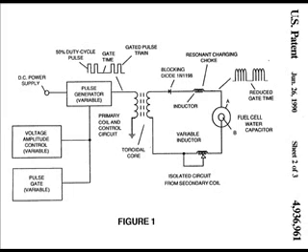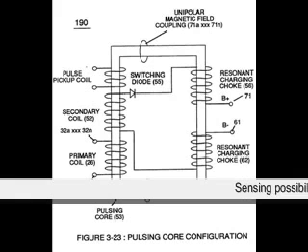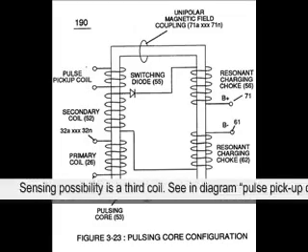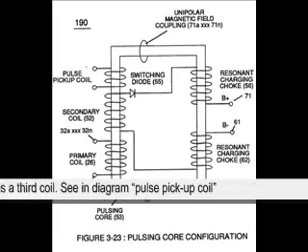The second choke probably made adjustable for fine-tuning. This may not be necessary if the impulse source has scanning and sensing possibilities. The sensing possibility is a third coil on the core, used to detect the increase in voltage at resonance.